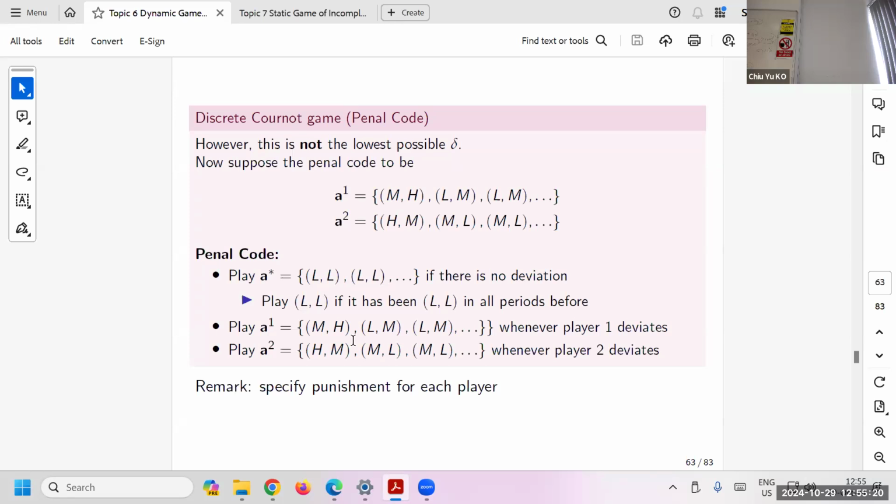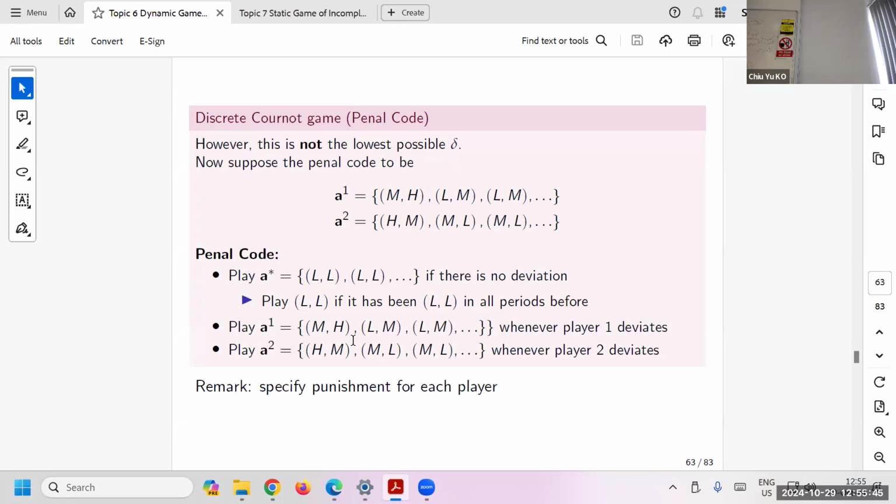Whoever doesn't follow the thing will get punished. Suppose everyone goes to here, that's no problem, things go on as usual. If player 1 is naughty, player 1 plays something else, and then we'll come to here, we should play this one. Everyone has to follow this procedure. If player 1 here doesn't follow this one, we start the punishment again.